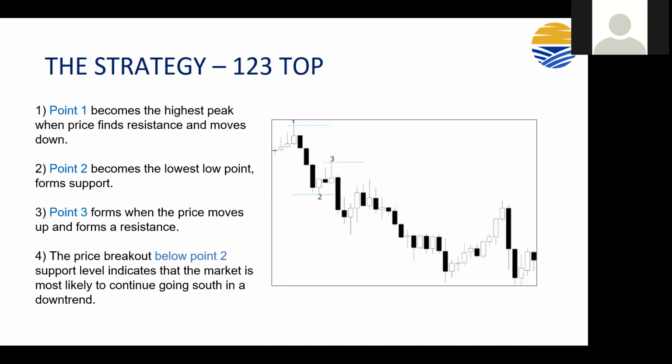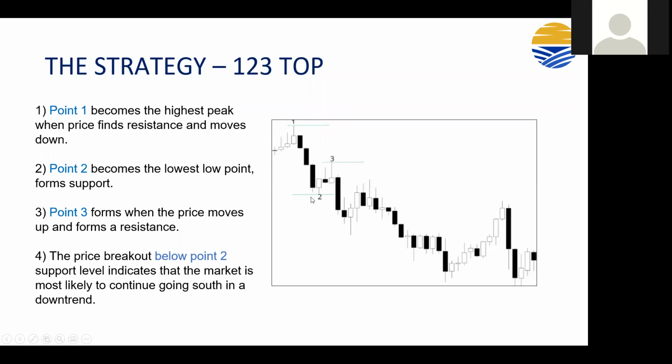This could be a chart of Netflix, ADM, Expedia, Caterpillar, Bitcoin, lean hogs. It doesn't matter. We're looking at the basic mechanics, so don't worry about what time frame this is or what market. So for a 1, 2, 3 top, we have a number 1, which is the highest peak, and we find resistance and then move down.